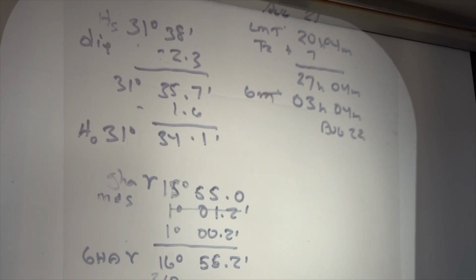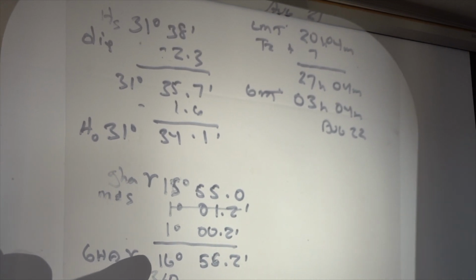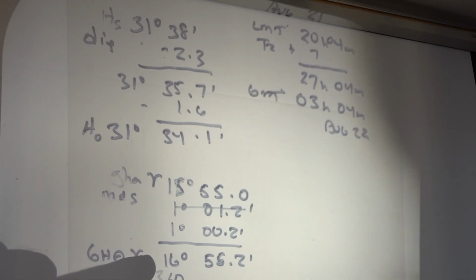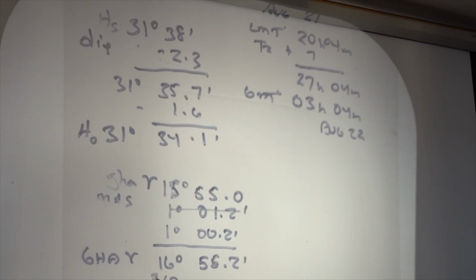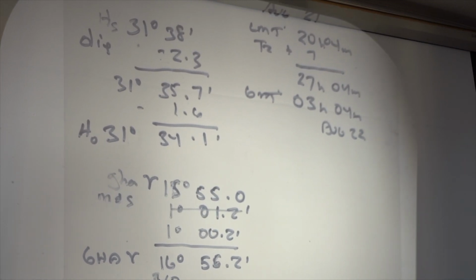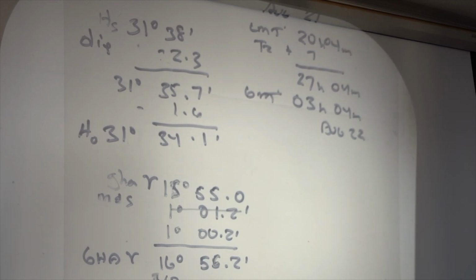We got the GHA of Aries, 16 degrees, and we're going to have to subtract our longitude from that. Whenever you're confronted with having to subtract from a number that's smaller, you just add 360 to it. So that gives us 376, 56.2, assumed longitude of 116, 56.2, and LHA of Aries of 260.